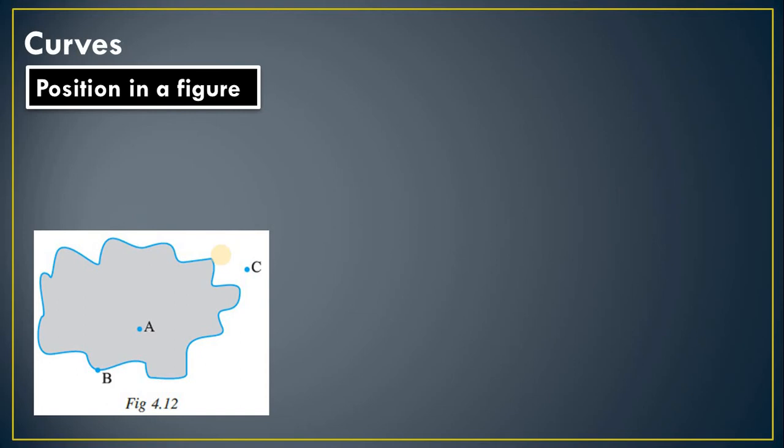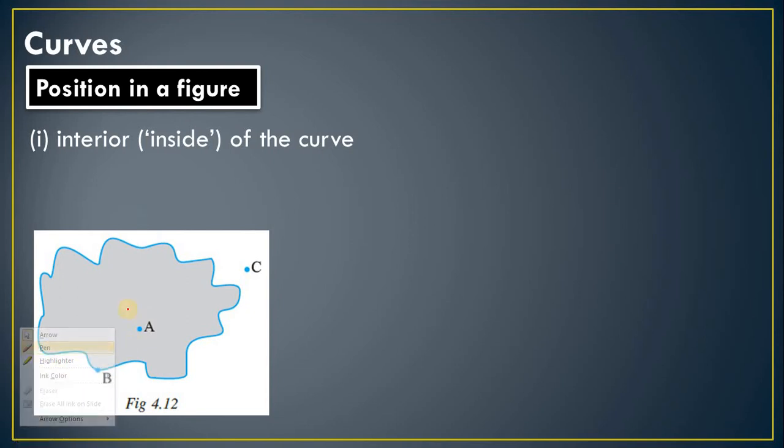Now in this diagram you observe something different. Here is the inner shaded part, and in the outer part also one point is there. In the inner part one point is there, and on the boundary also one more point is there. These are the positions. So this point A is known as the interior point. It is inner.